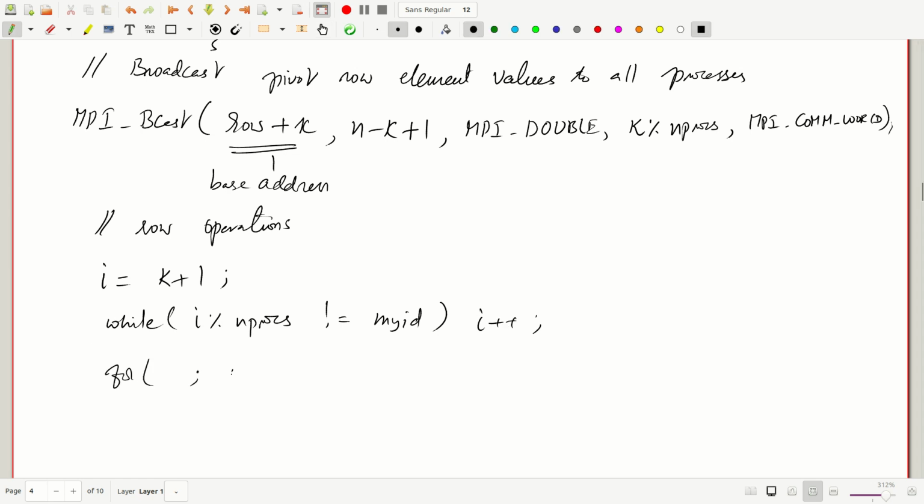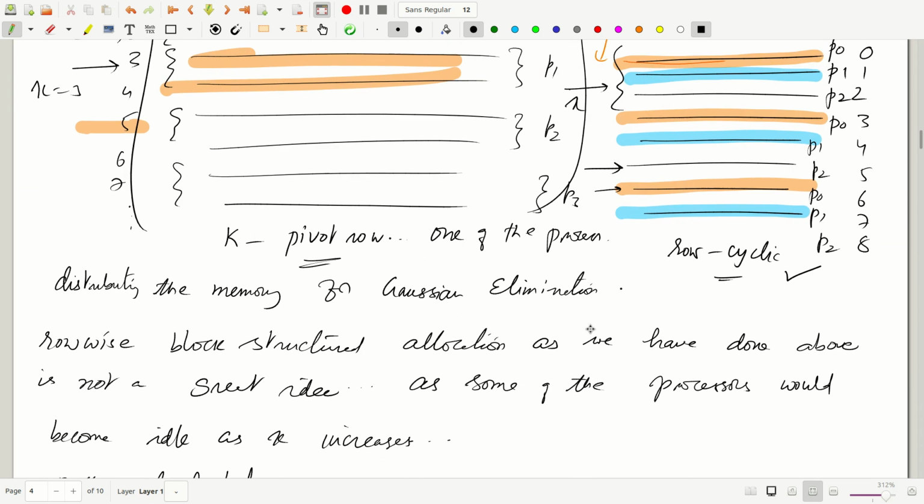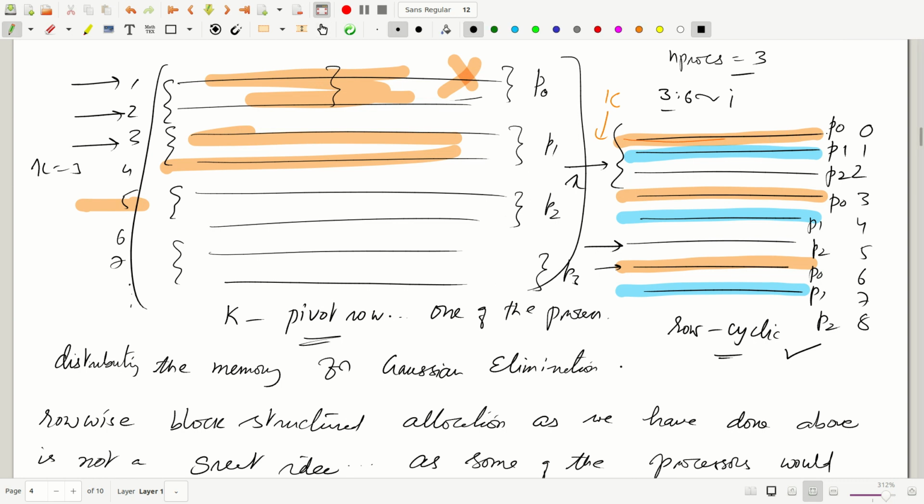So for I less than n, I plus equals nprox, we need to skip by nprox. Because the operations would be done by process 0 here, then again on this one and then on this one. So we have to skip by nprox in the global referencing.